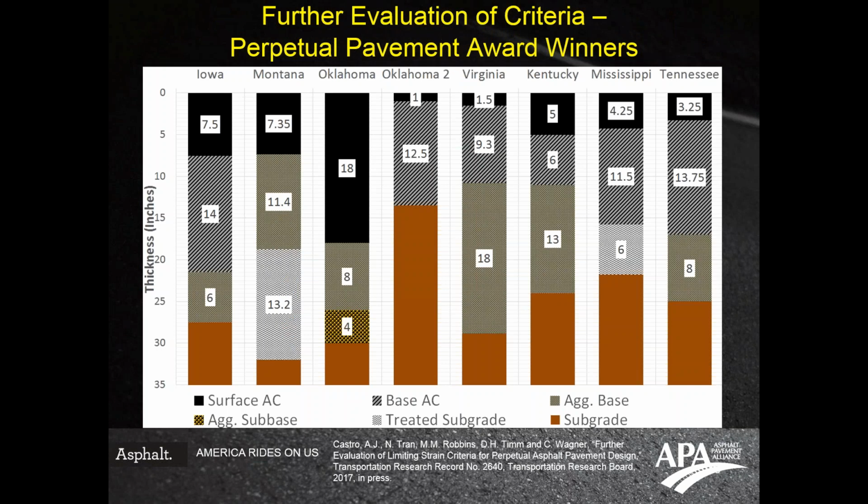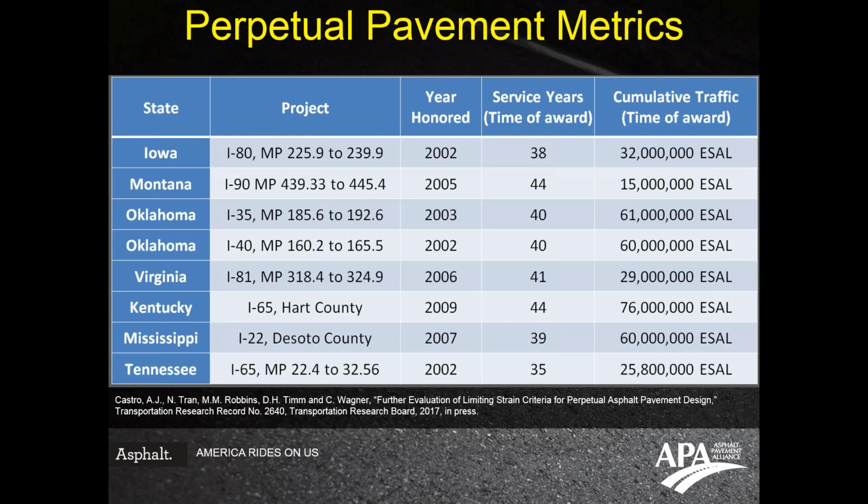So back to these other sections from around the country. This table shows, again, the states that we pulled from, and these all happen to be interstate pavements. They tended to have better records in terms of traffic, construction, and so on. And the year that it was selected as a perpetual pavement is column 3, the number of years in service.